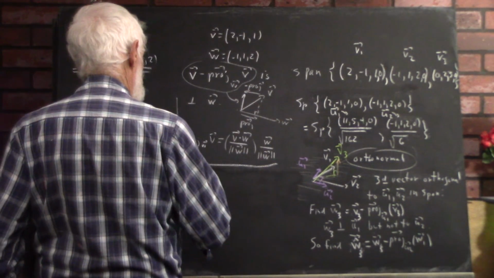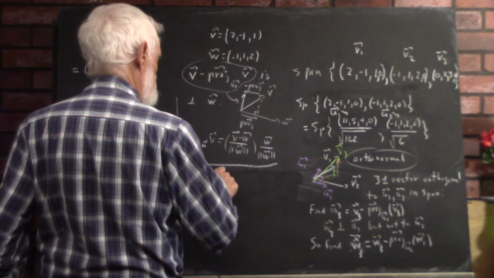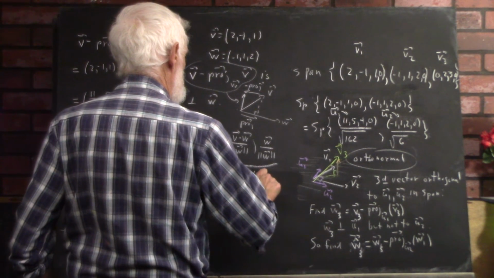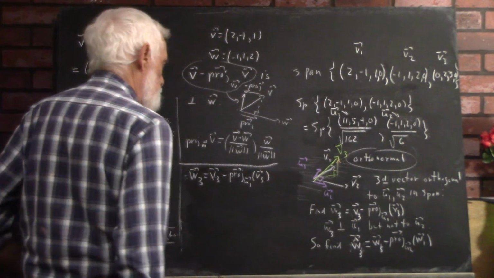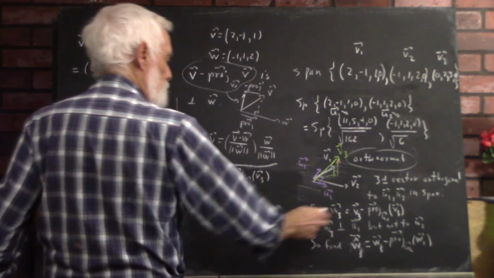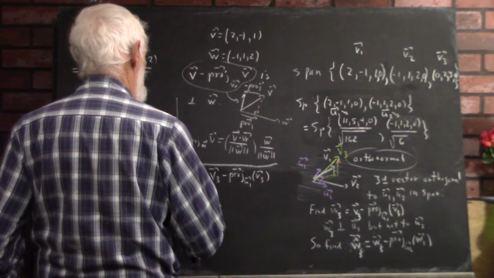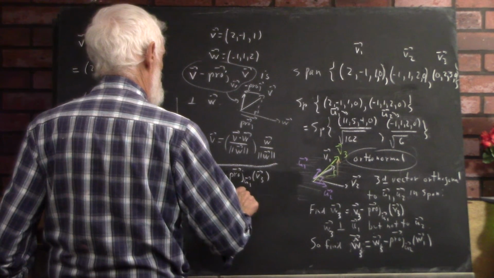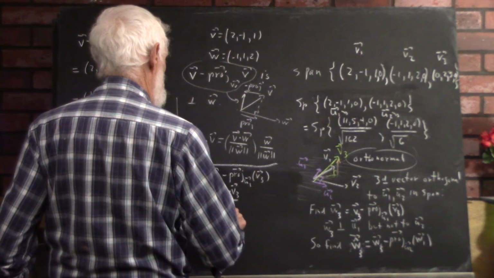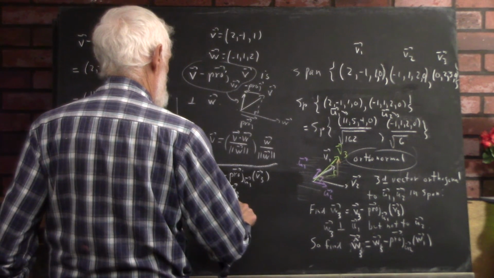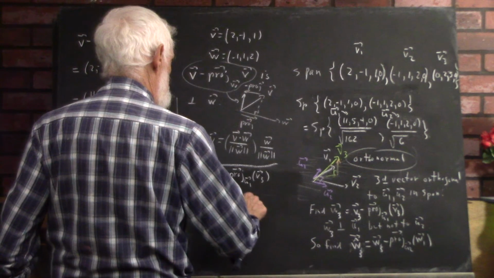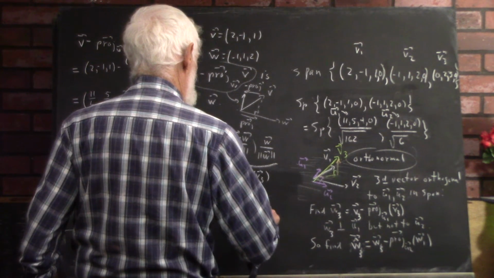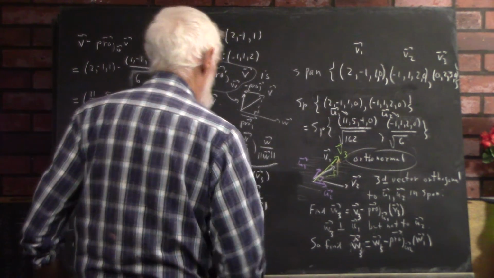Okay, it's this, just copying this, which is V3 minus U1 dot V3 over the magnitude of U1 multiplied by U1 over the magnitude of U1.